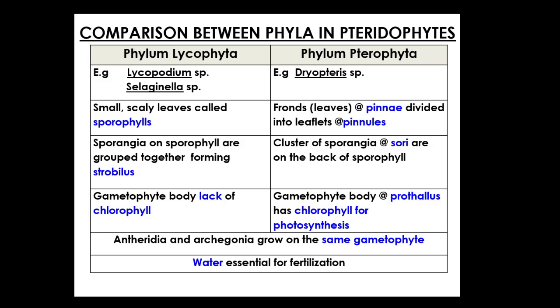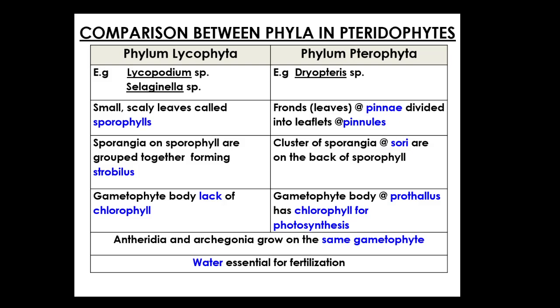But both still have dominant generation of sporophyte. What is the similarity between phylum Lycophyta and phylum Pterophyta is that both of them have antheridia and archegonia, which grow on the same gametophyte. And for both phylum, water is essential for fertilization.